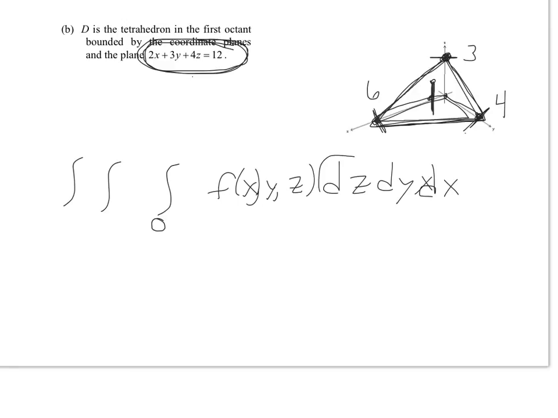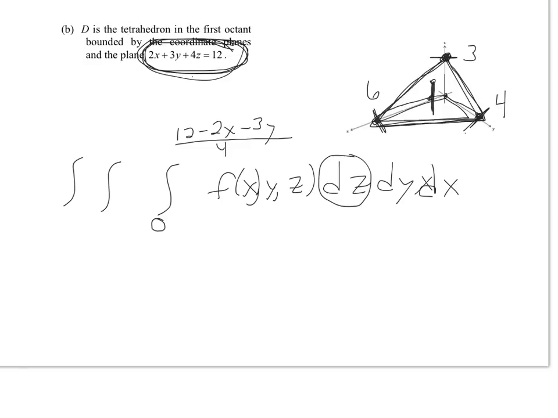Since we're integrating with respect to z, we need to have that plane's equation written in the form z equals f of x and y. So if we were to algebraically solve the equation of the plane for z, we would get (12 minus 2x minus 3y) over 4. So those are my inner limits of integration.